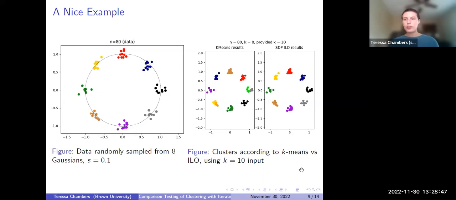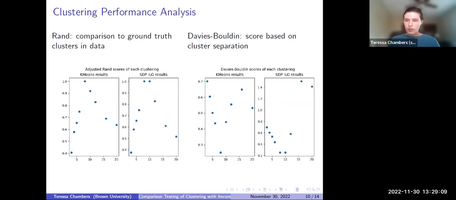Now that's all well and good. But this is useful for data sets where I can actually see the correct groups and know what's going on. But it's also useful to have a broader scoring metric to get a sense of what's going on. So I looked at 2 different metrics for measuring clustering performance.